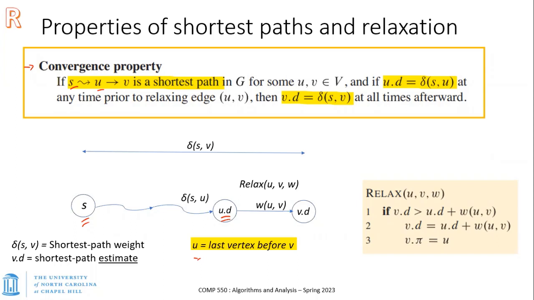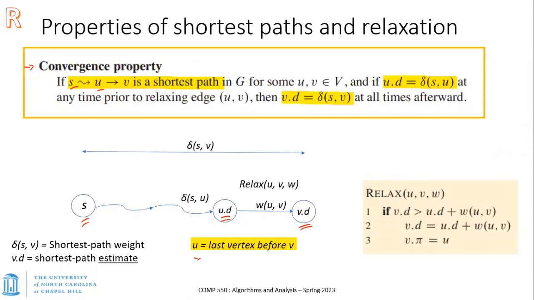now we've done quite a few things. Then once we do this relaxation, the estimate to V is actually now going to be the shortest path weight to V. So this is just a repetition of what we covered earlier, and it is perhaps a little tricky.